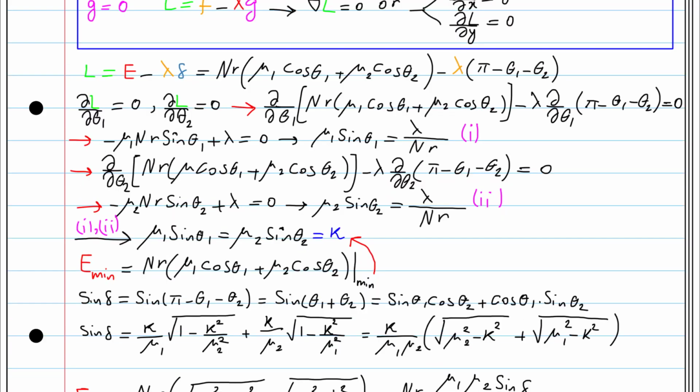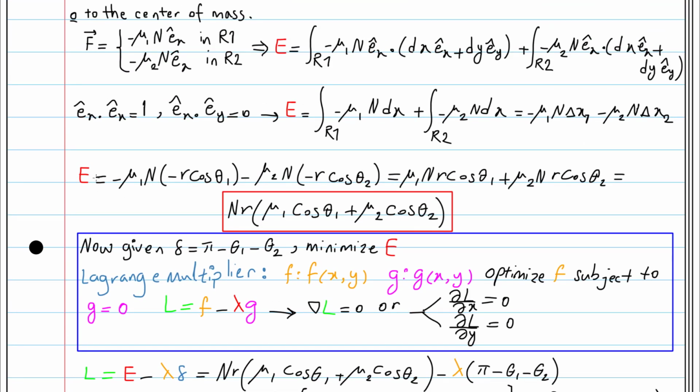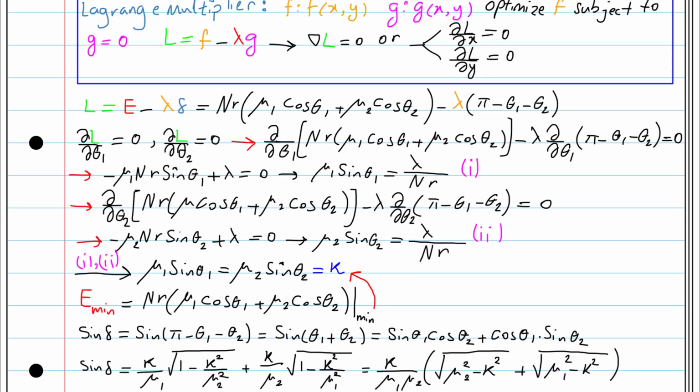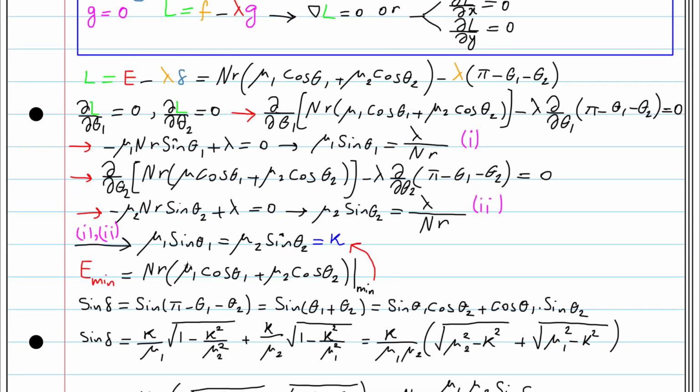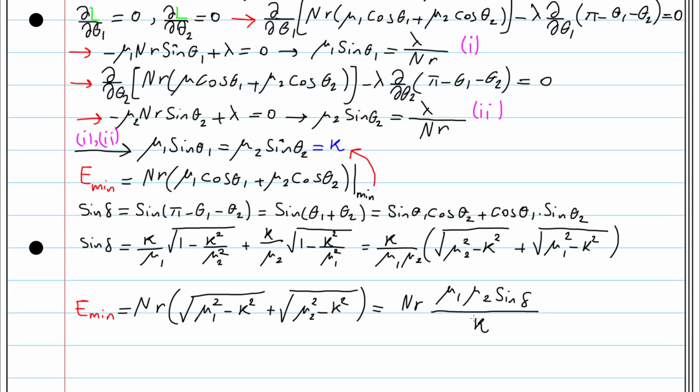So let's summarize what we did. We calculated energy as a function of two variables, theta 1 and theta 2. We minimized energy subject to the constraint delta as a fixed angle of rotation. And we finally arrived at the equation, which is the mechanical equivalent of Snell's law in optics. And from this formula, we calculated the minimum of energy in a nice form.